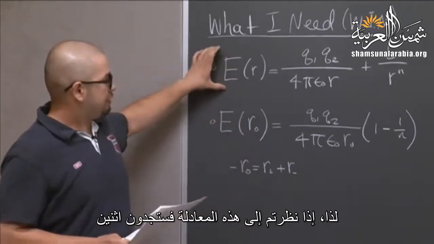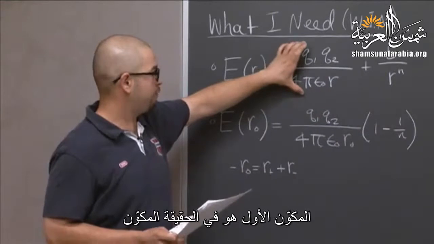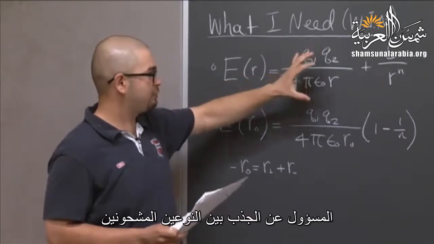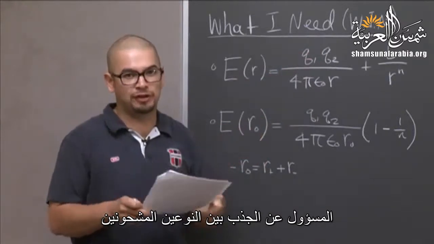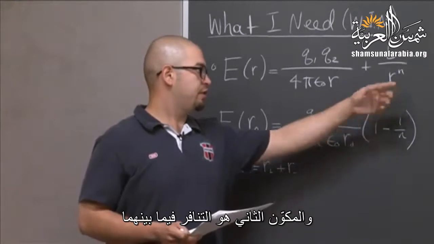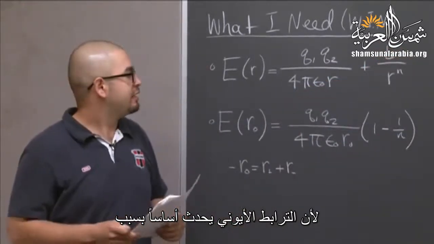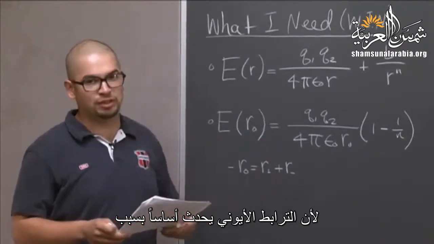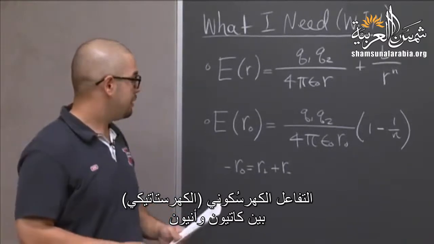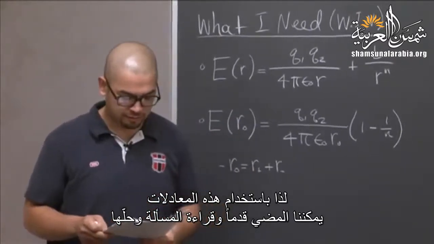If you look at this equation, there are two components. The first component is responsible for the attraction of your charged species, and the second component is the repulsion. Essentially, ionic bonding happens because of the electrostatic interaction between a cation and an anion. With this in mind, we can go ahead and read the problem and solve it.